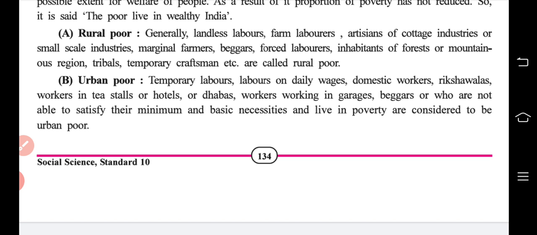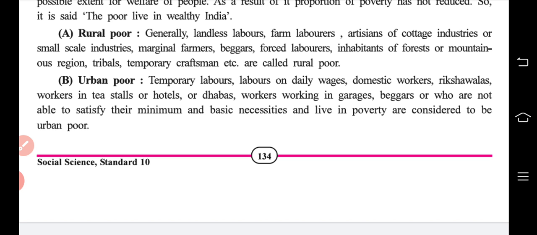So we can see here the urban poor: temporary laborers, laborers on daily wages, domestic workers, rickshawalas, workers in tea stalls or hotels or dhabas, workers working in garbage, beggars, or those who are not able to satisfy their minimum basic necessities and live in poverty are considered to be urban poor.